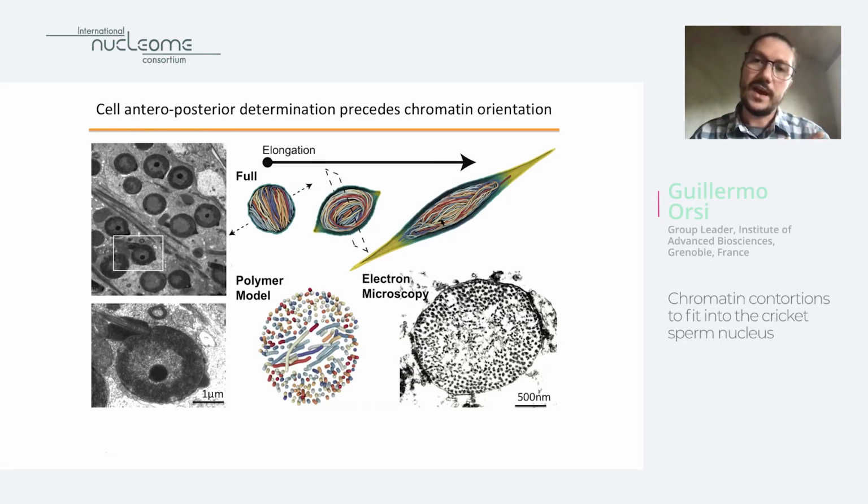So here is a configuration that is much more ordered than what we saw in the first simulations. And you can see here, if we do a transversal cut, that we see the remains of the spool orientation we saw before, with the chromatin fibers being parallel in one direction and perpendicular in the other. And this is something that we also see in electron microscopy, which is pretty reassuring.